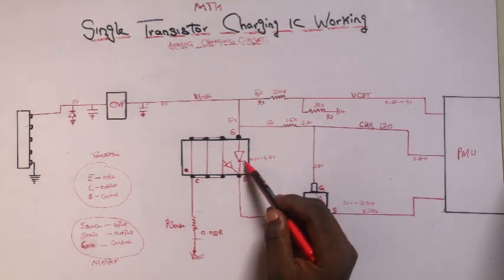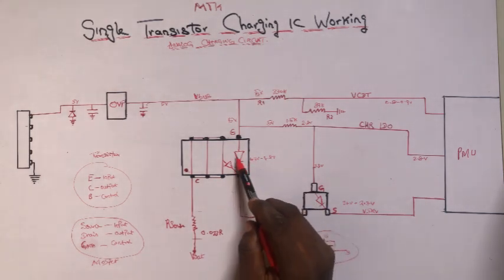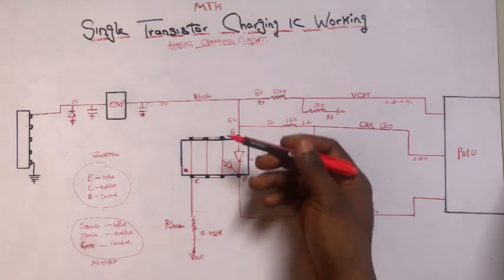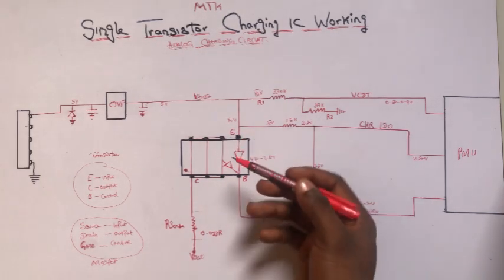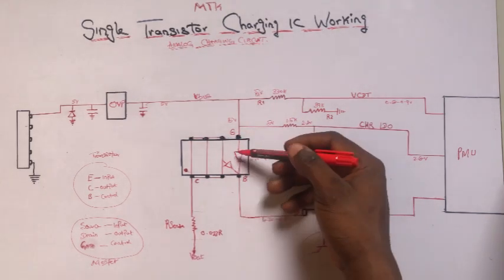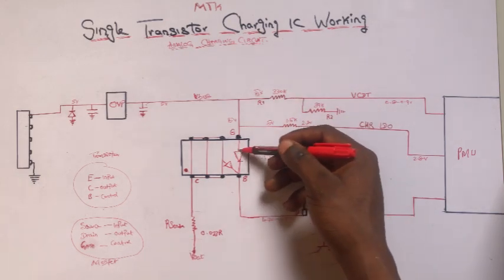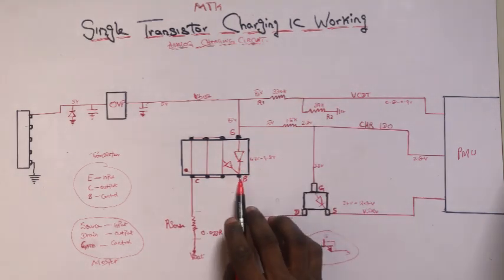So we have a diode. I just drew this diode to explain something to you. Now when that 5 volts enters this emitter pin, this diode is connected in forward bias, so it passes through this diode and comes to our base pin.